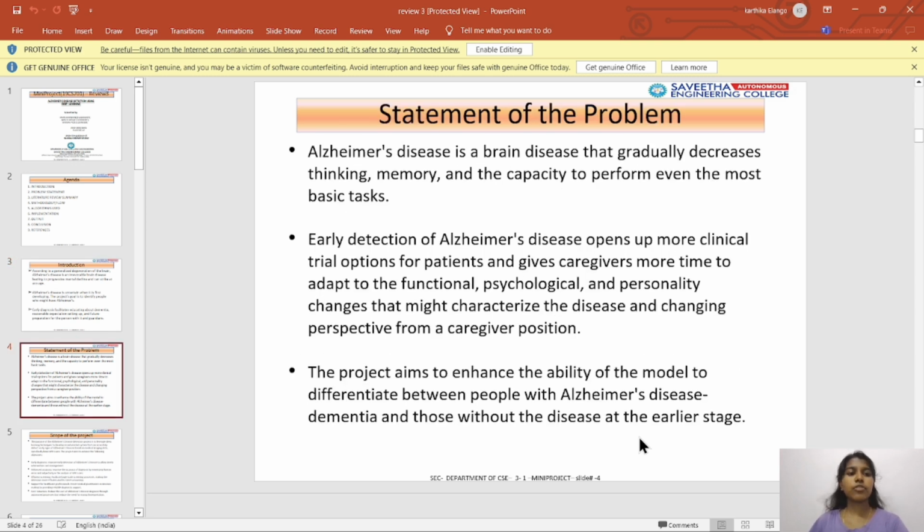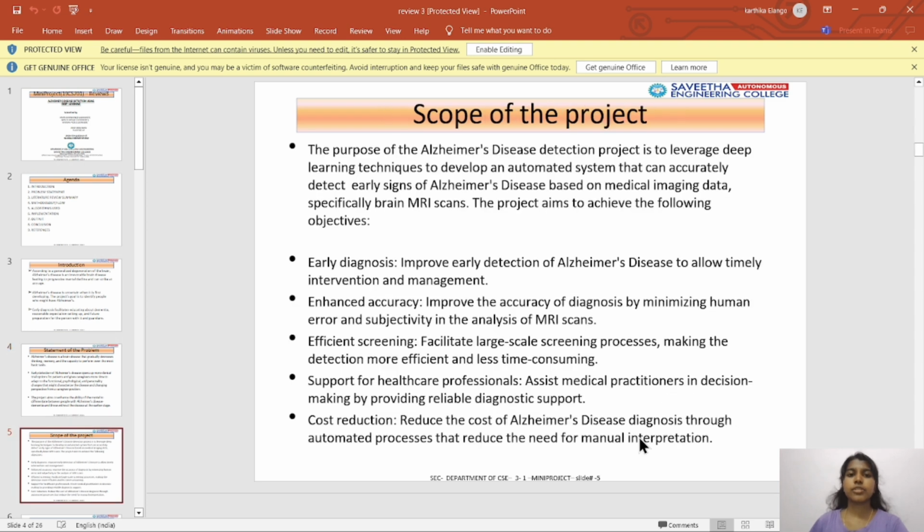The problem statement: Alzheimer's disease gradually diminishes a person's ability to think and remember, significantly impairing them. Early detection opens up more clinical options and gives the caregivers more time to adapt to changes associated with the disease. Our goal is to enhance the model's ability to differentiate those with and without the disease at an earlier stage.